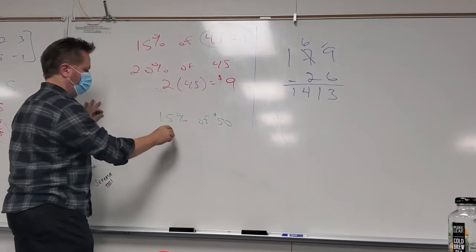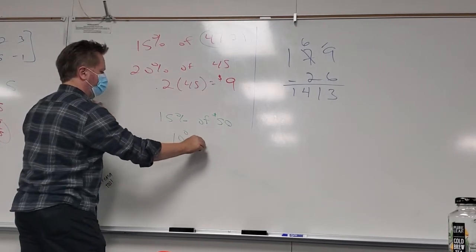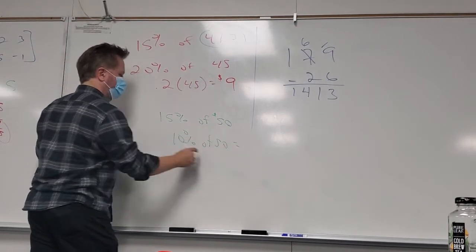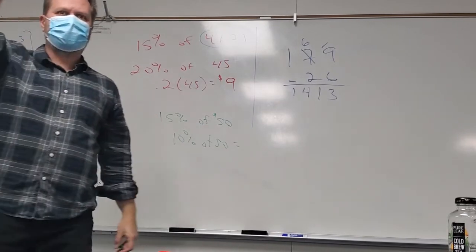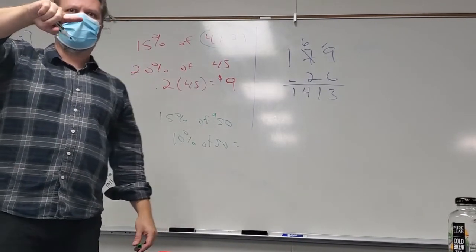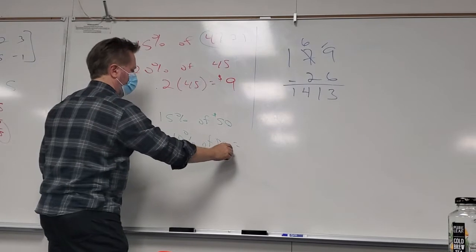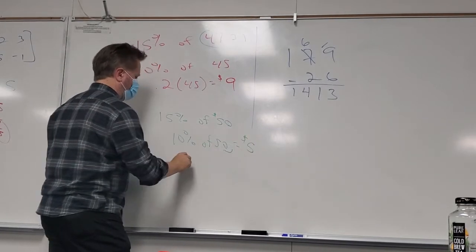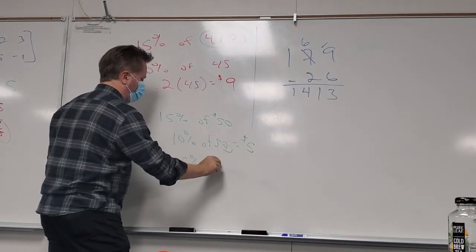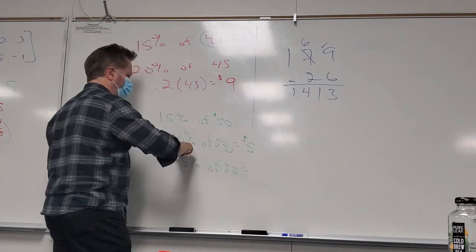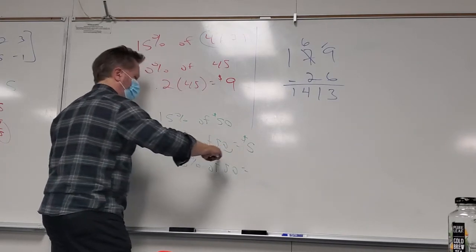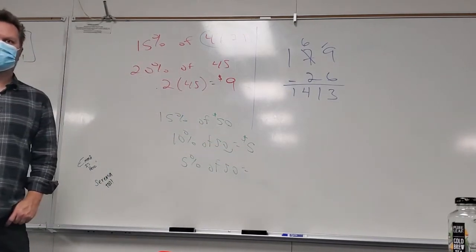And we did this before. 10% of 50. To do 10% of anything, you just move the decimal back once, yes? So that would be 5. So then what's 5% of 50? If 10% of 50 is 5, what's 5% of 50?